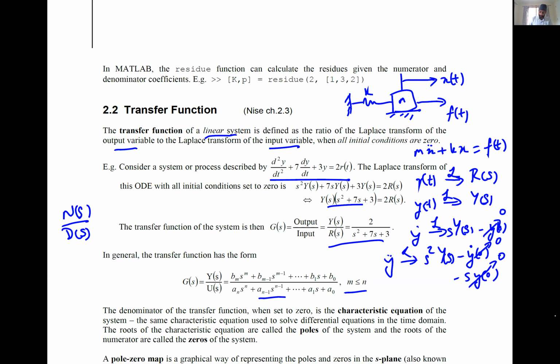If we look at this transfer function and we equate the denominator to be 0, so we take D(s) and equate it to 0, in this case it will be a_n s to the power n plus a_(n-1) s to the power n minus 1, all the way to a_0, equated to 0.